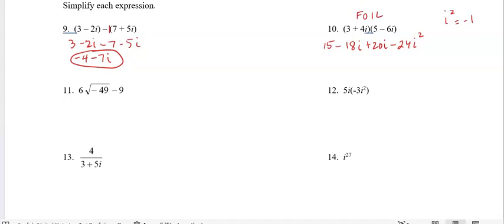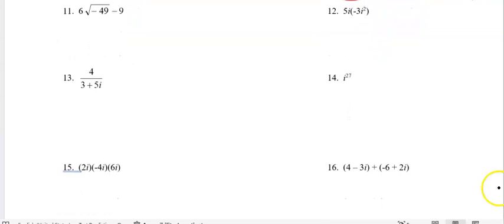So in place of i squared, I'm going to put -1, and that causes this to become positive or plus 24. Now I'm going to combine like terms. So 15 plus 24 is 39, and -18i plus 20i is positive 2i.